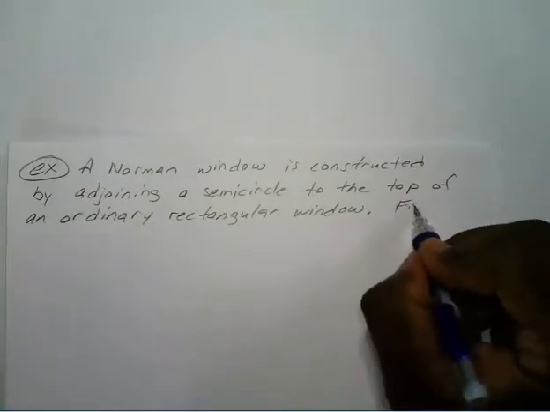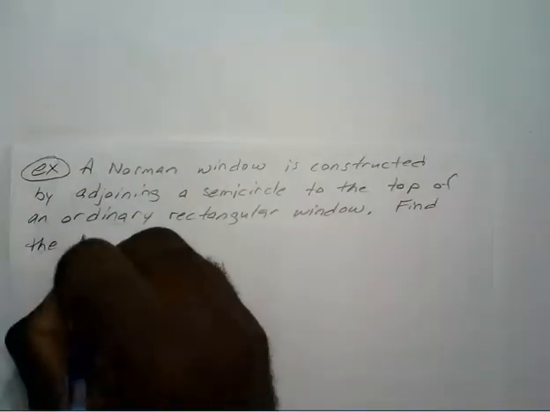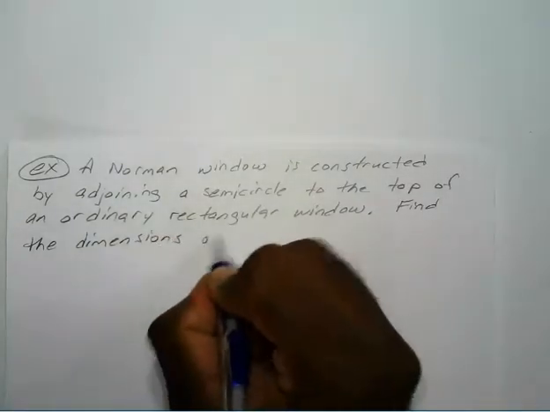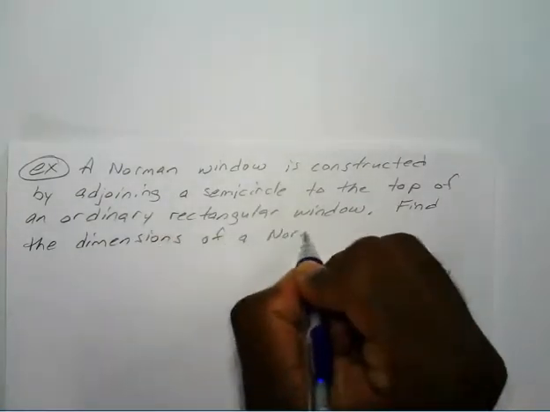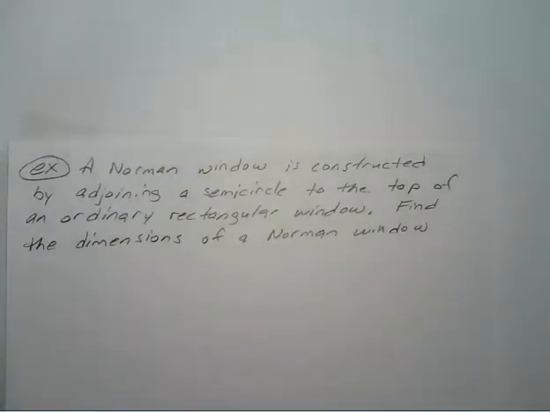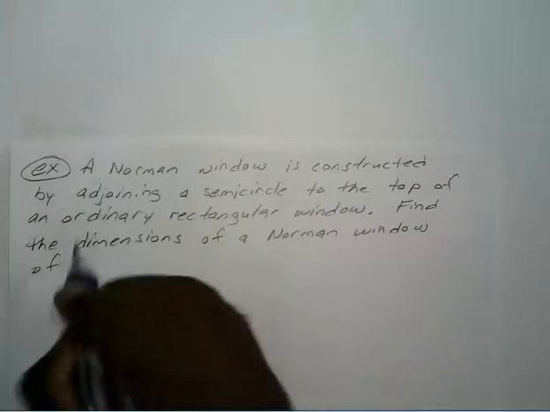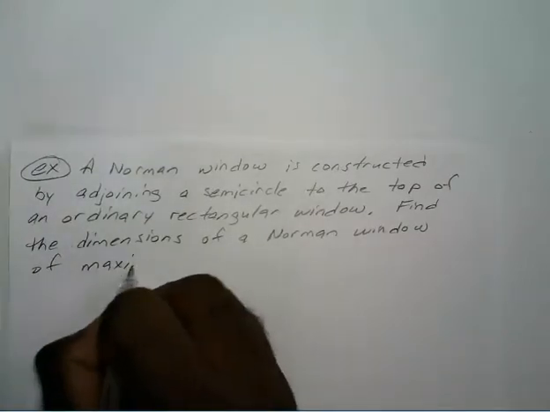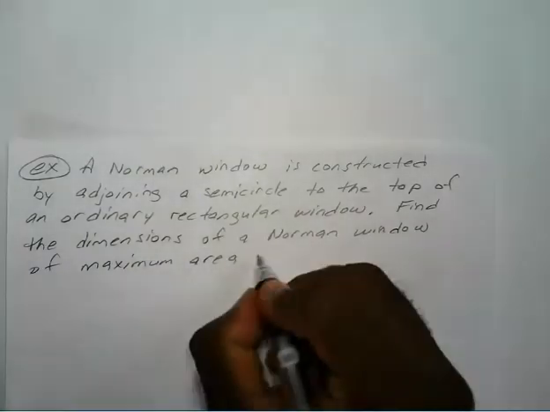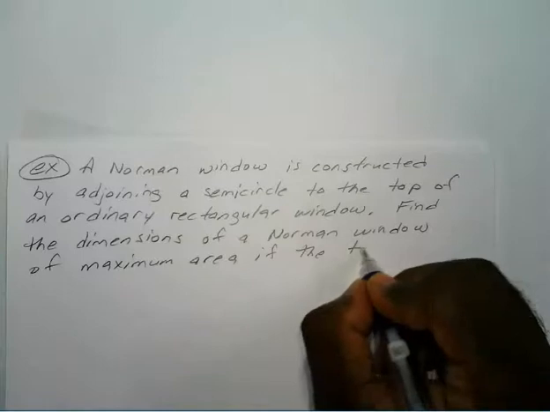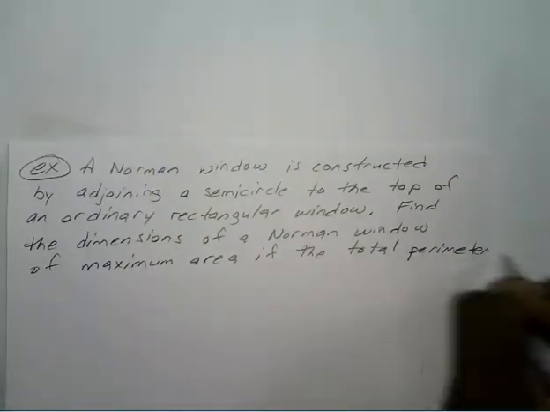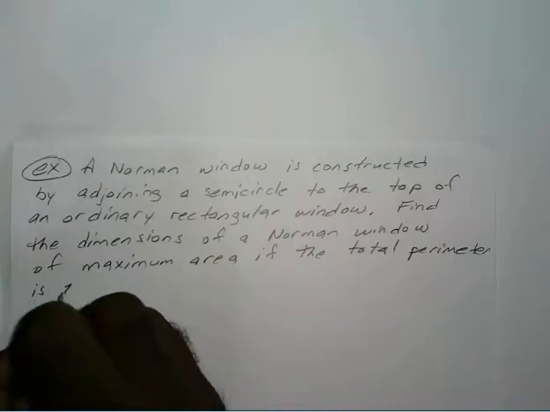Okay, so we want to find the dimensions of a Norman window of maximum area, if the total perimeter is 16 feet.